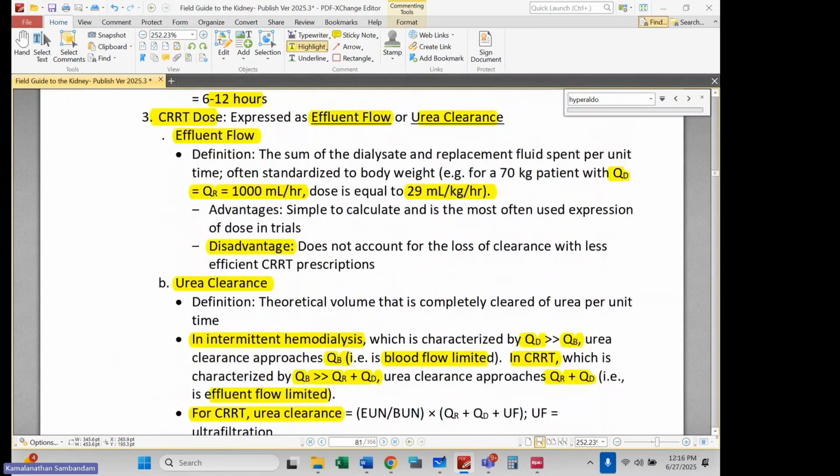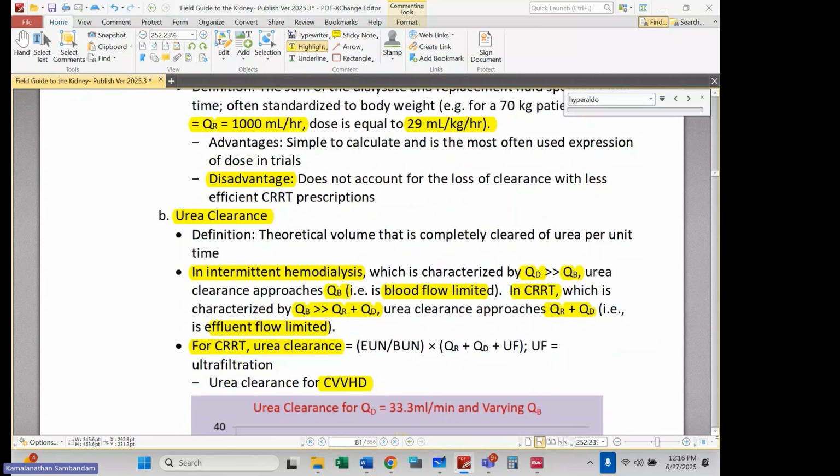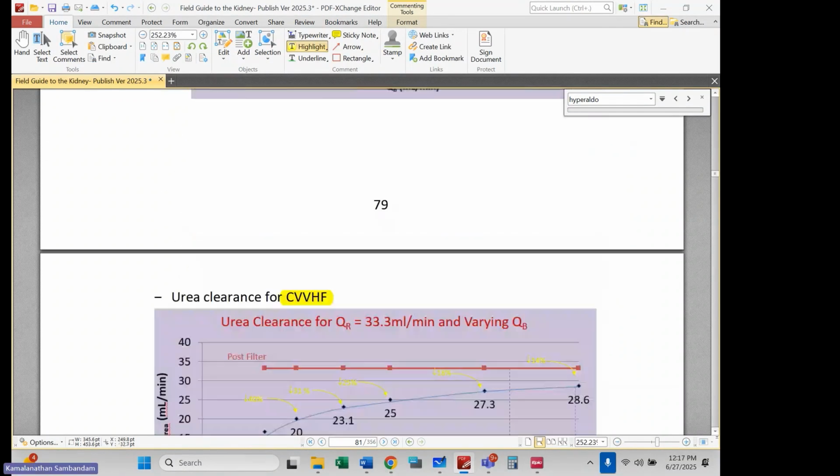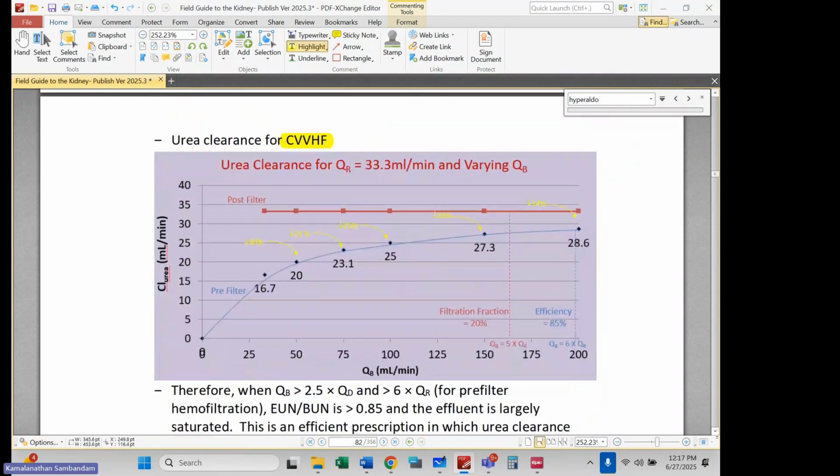Here's my urea clearance formula: urea clearance is simply EUN to BUN times my flow rates of dialysate or replacement fluid, or both if I'm running both. In hemofiltration, I'm just running replacement fluid. So again, EUN to BUN ratio is always 1, no matter what my blood flow rate is, and you can see that my urea clearance is fixed at 33 mils per minute when I'm in post-filter mode.